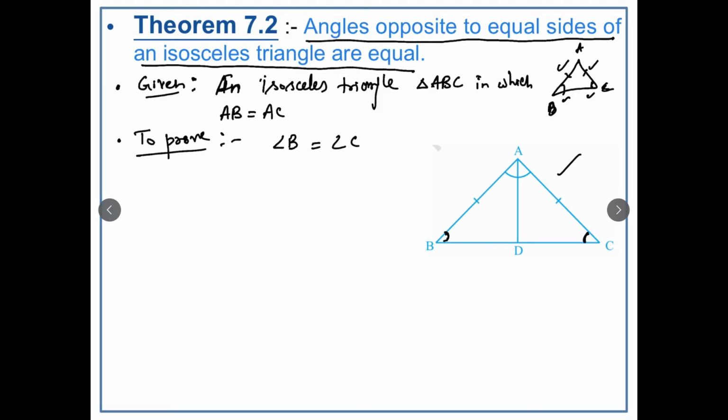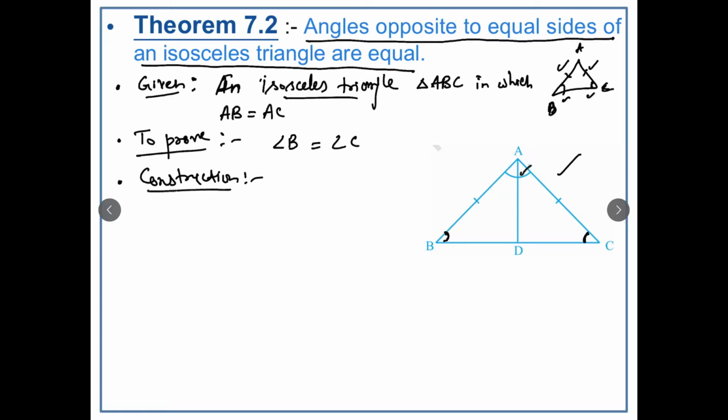For its proof, first we'll do a construction. In the question we are given only an isosceles triangle. Now we're going to do a construction. That means we will draw the angle bisector of angle A, which will be AD.